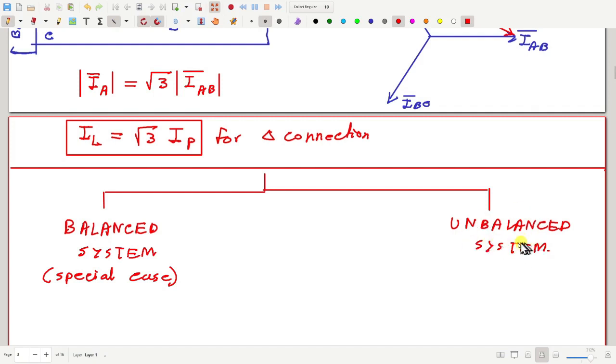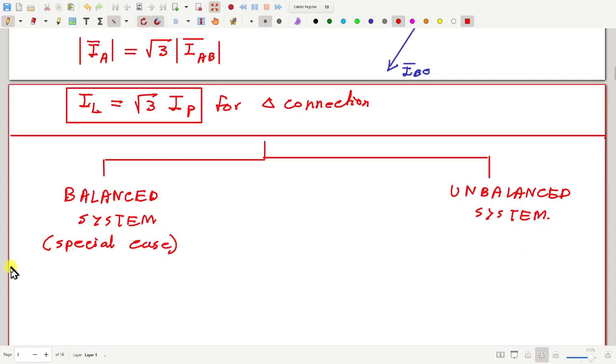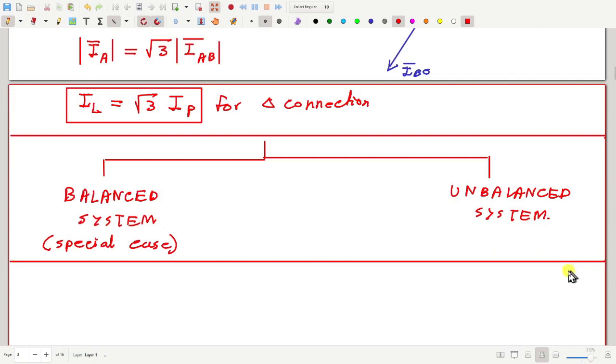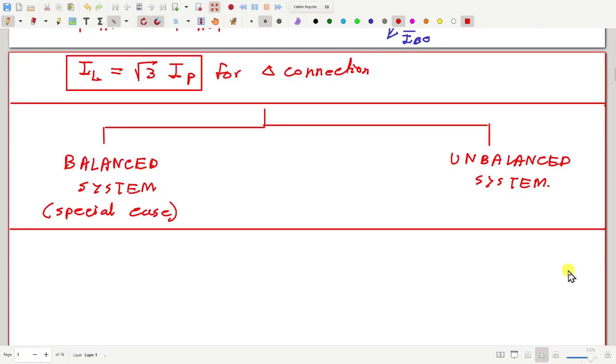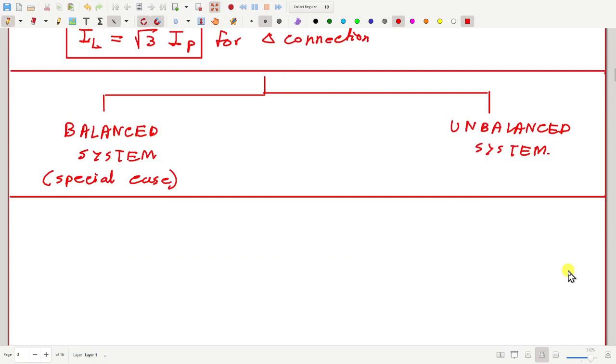That's not difficult. But a balanced system is especially easy. So therefore we will talk about balanced systems a bit more and how we can solve them more easily. However, please don't think that unbalanced systems are not in the syllabus. It's not that. That's a general system, of course.